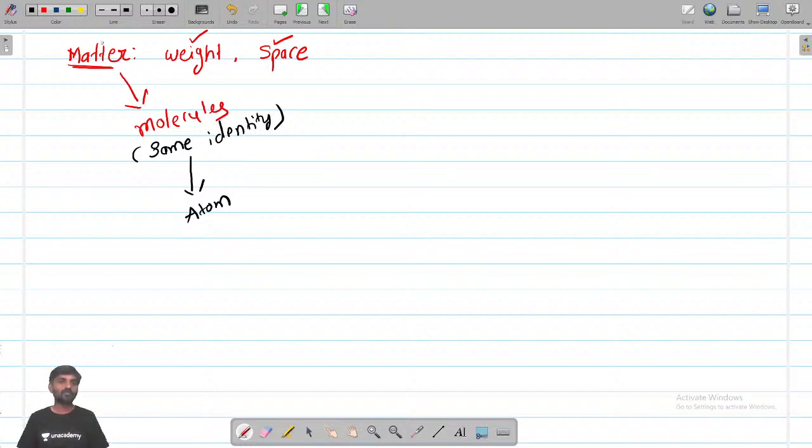Okay. So what is matter, sir? Matter is something which has some weight and occupies some space.